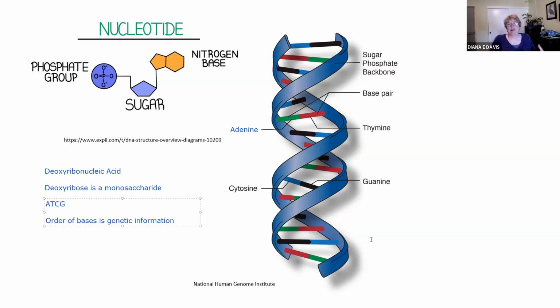And that, of course, means that the order of the bases make up the genes. These, of course, are hereditary. They get passed from parent to offspring. We're going to talk a lot more about that when we talk about genetics later on in the semester.